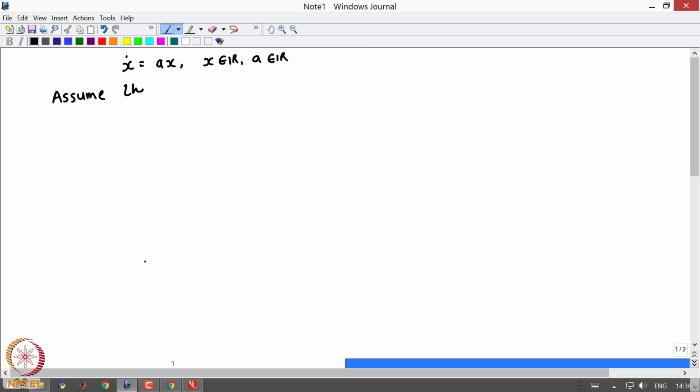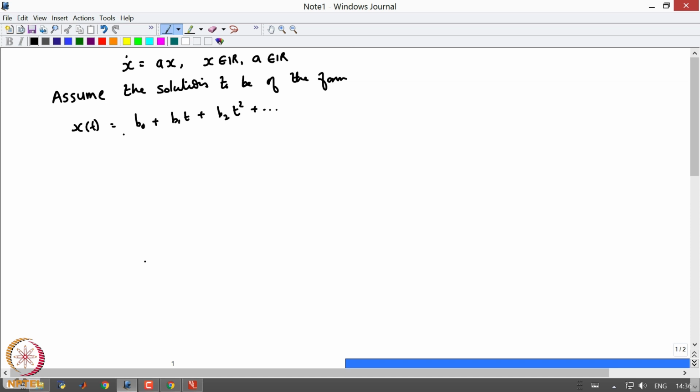So, let me assume the solution to be of the form, say, a series in time. So, this has b0 plus b1 t plus b2 t square and so on, like a power series in time. Now, is this a solution?